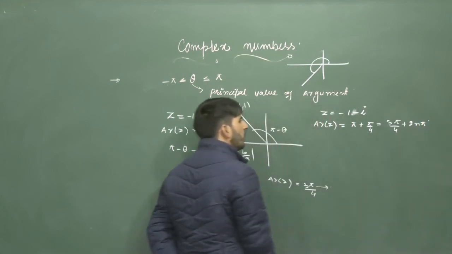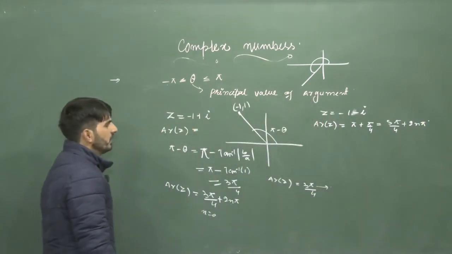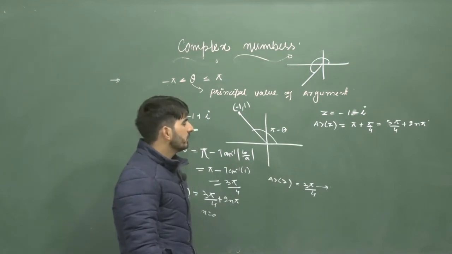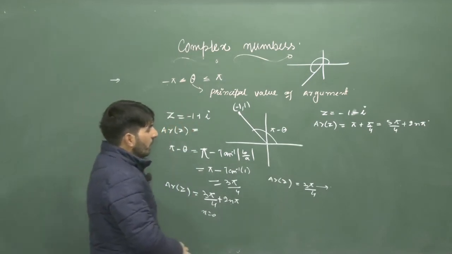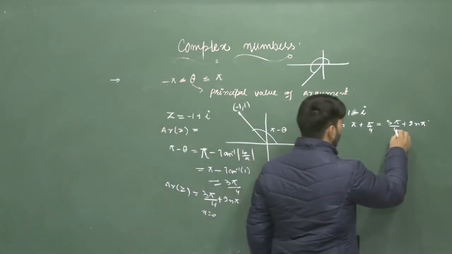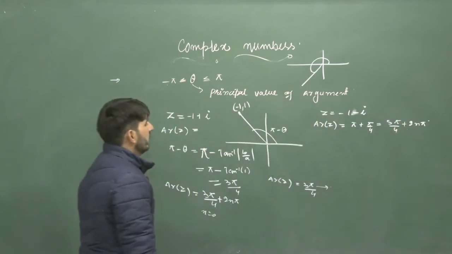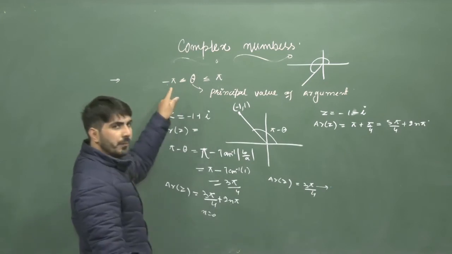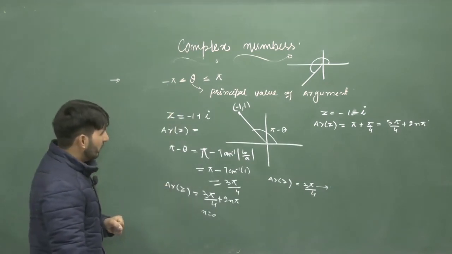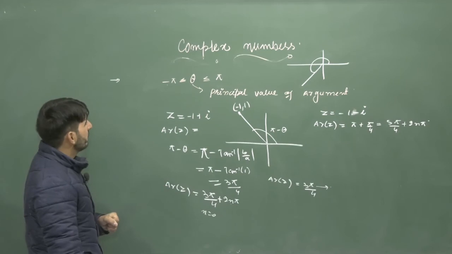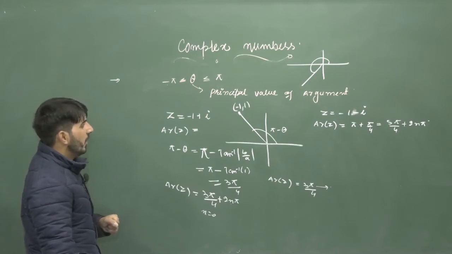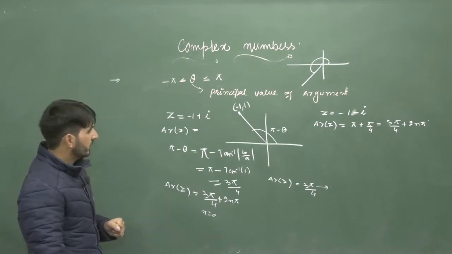So this is the argument of this complex number. Now, 5π/4 does not lie between -π and π. Therefore, it is the argument, but not the principal argument.